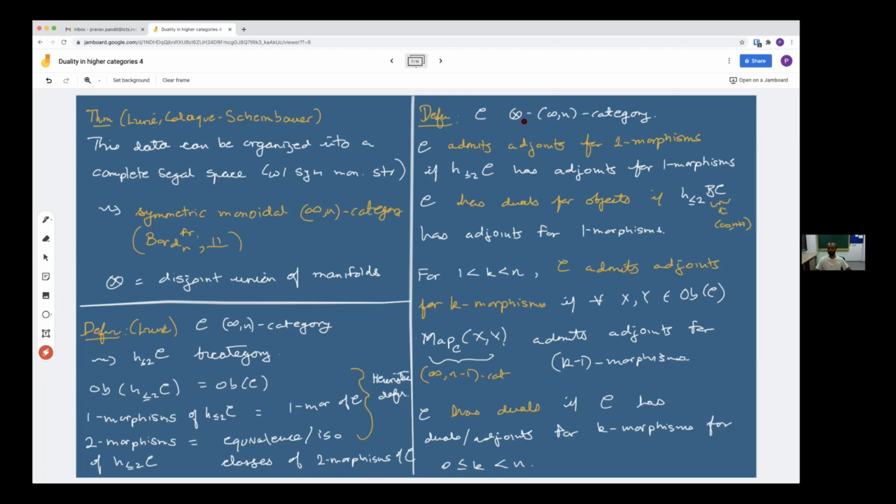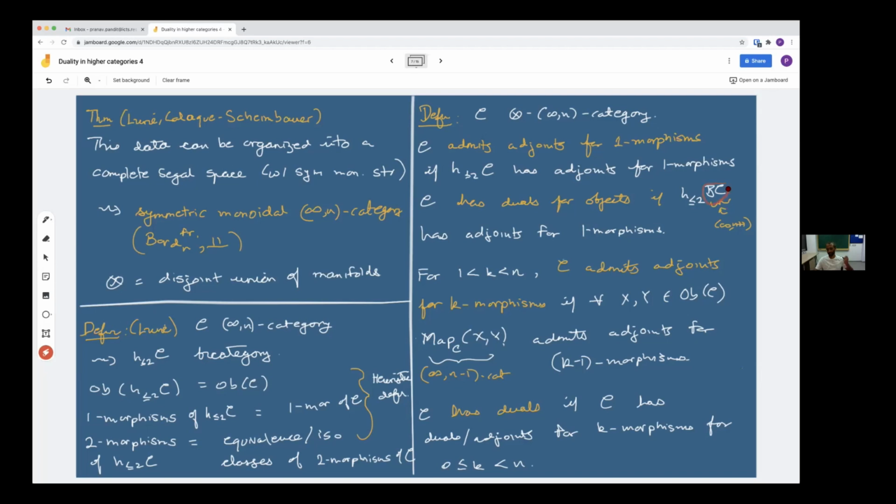Now, if C is an infinity n-category, we're going to make this definition. It might seem like a lot to digest, but I'm going to give you the heuristics on the next page. So for now, this is just to have a formal definition. You say that C admits adjoints for one-morphisms if this homotopy bicategory admits adjoints for one-morphisms, which I defined earlier. You say C has duals for objects if the homotopy bicategory of BC, which is defined as before, has adjoints for one-morphisms.